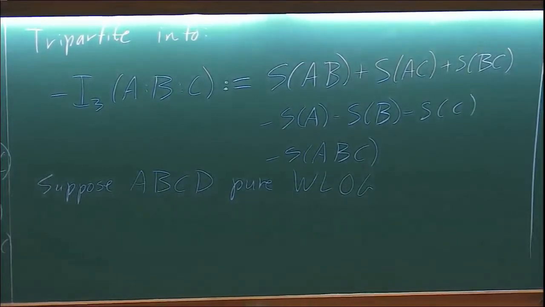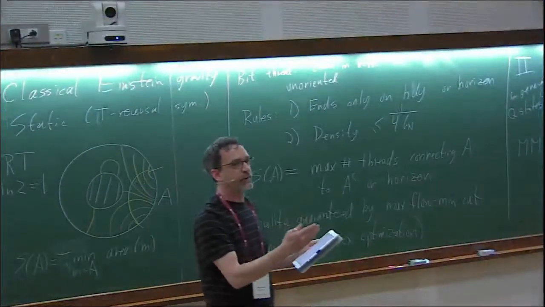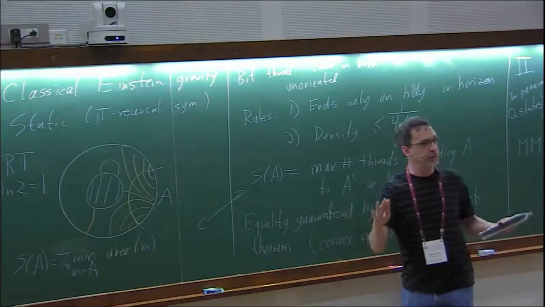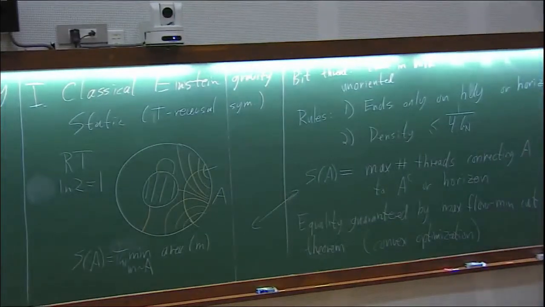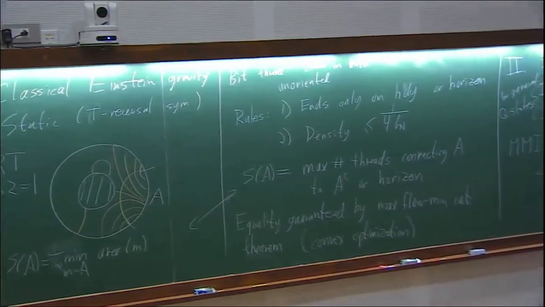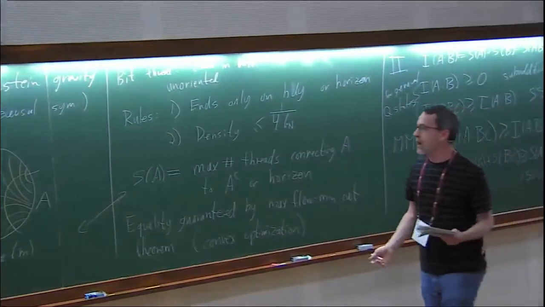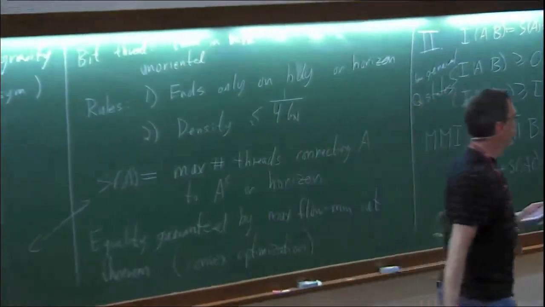It's important, when you purify it, that you purify it not just in some abstract way, but that you purify it into a state which is also holographic, right? Because we're going to apply Ryu Takayanagi and so on to the purified state. But we know that we can do that, so that's nice.